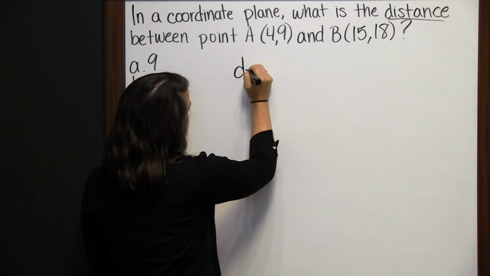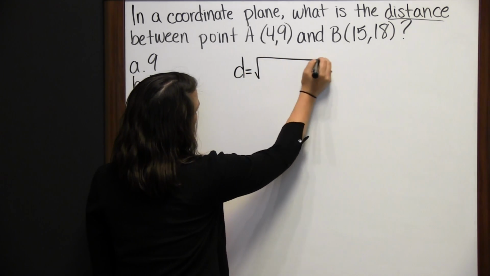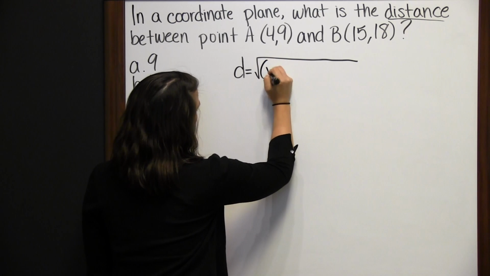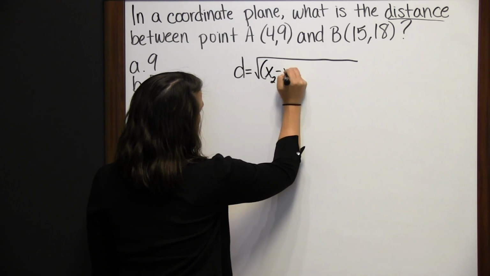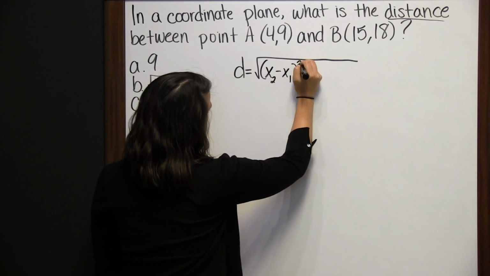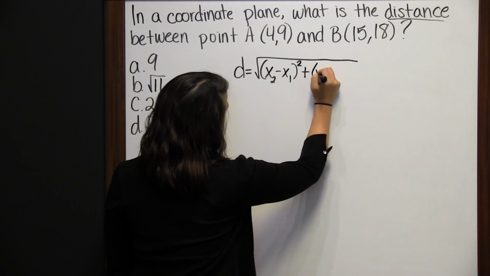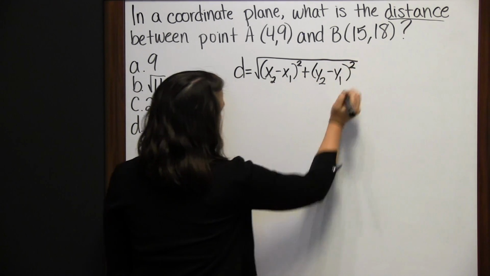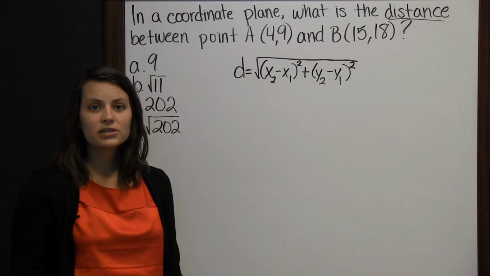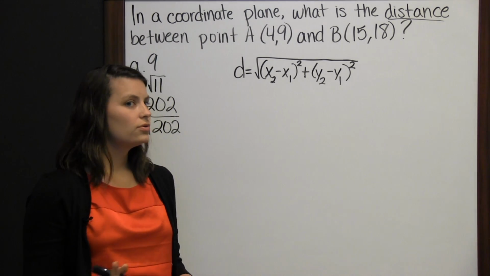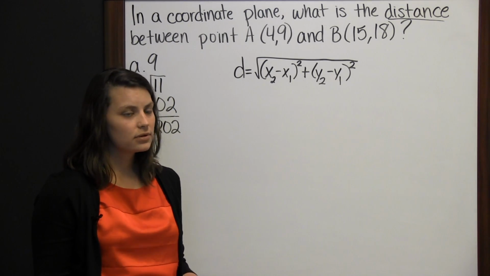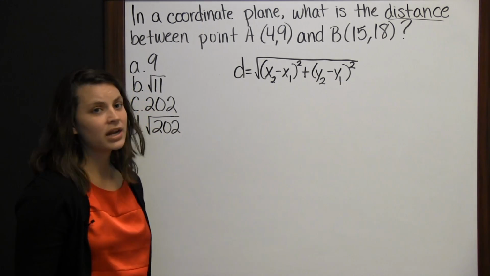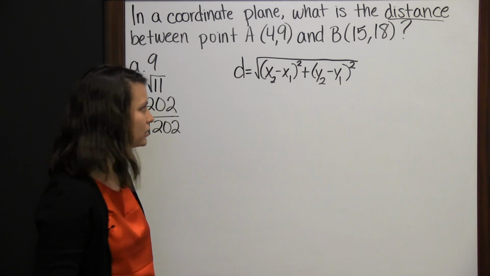The distance formula is the square root of (x2 minus x1) squared plus (y2 minus y1) squared. And the x2, y2, x1, y1, those are just the coordinates of your ordered pairs.